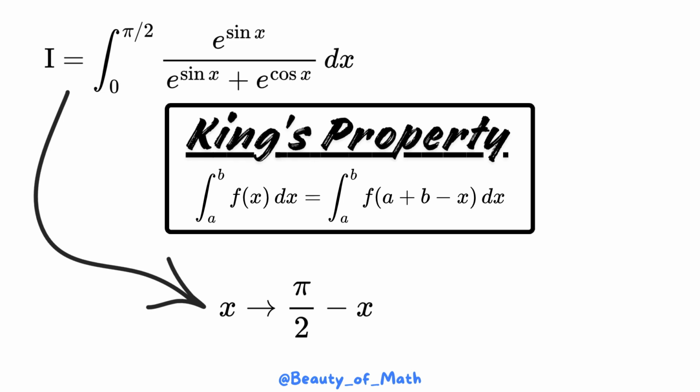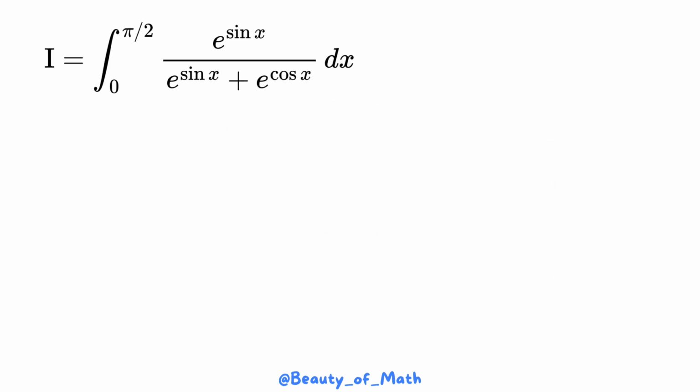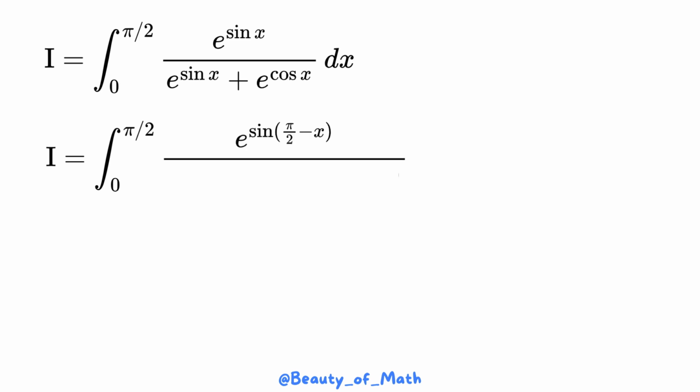Let's perform this substitution step by step and look at our new expression for capital I. Our integral boundaries stay exactly the same, from 0 to pi over 2. But look at how the fraction transforms. In the numerator, we now have e raised to the power of sine, evaluated at pi over 2 minus x.